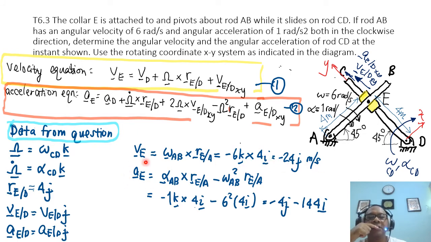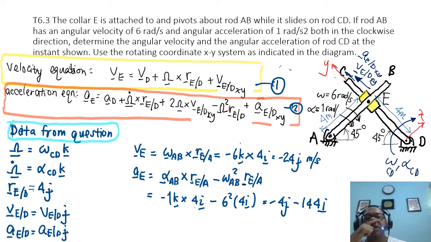Similarly, we can calculate the acceleration of E. There are two components: the tangential component, alpha AB cross position vector E relative to A, and then the normal component, which is minus omega squared AB times position vector E relative to A. So here we can put in the values.